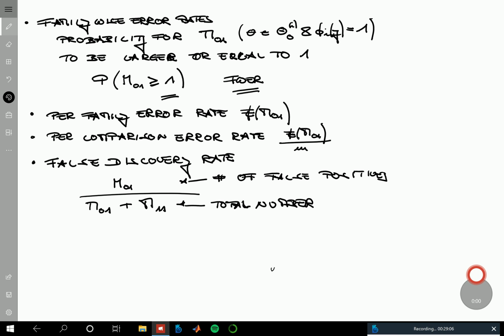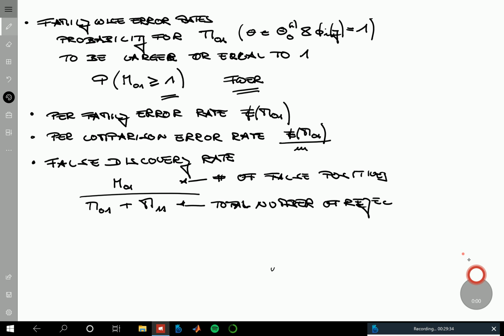So if 5% of my rejections are false positives, I'm okay with it, which is something different than to say that I maximally have a 5% probability to have one or more false rejections, false positives.